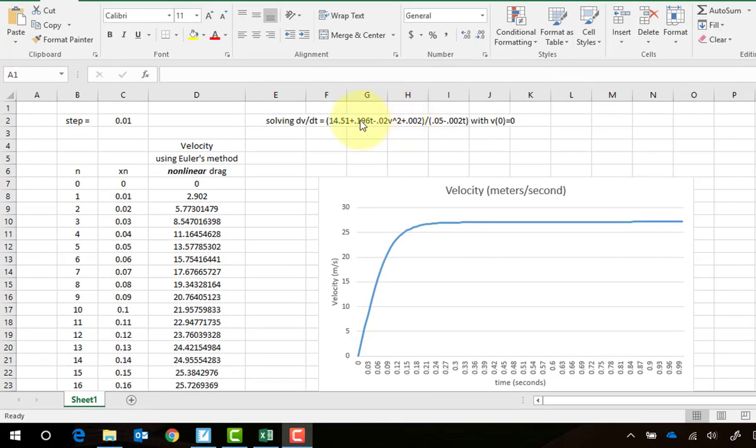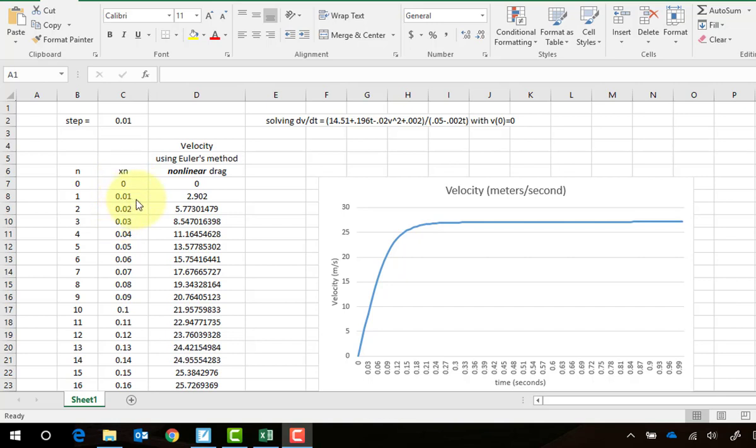So with that differential equation, I create this n value that is increments, that I do this iterative process of Euler's method. X sub n here, these xn values, this is increments of time.